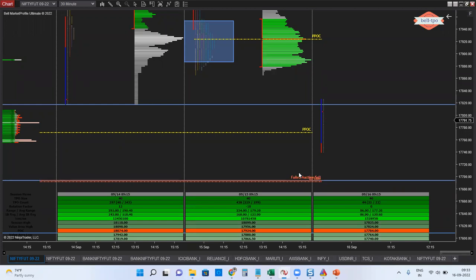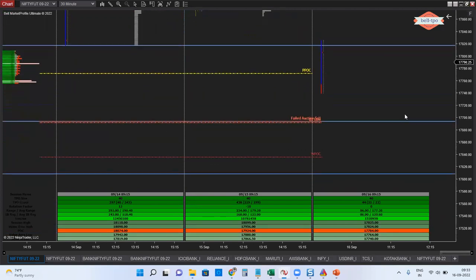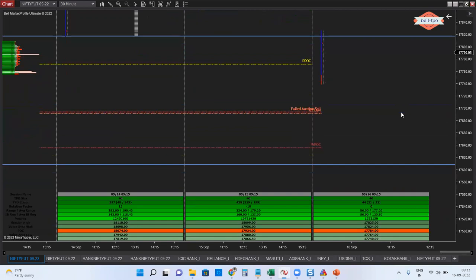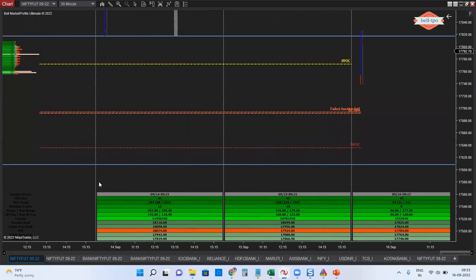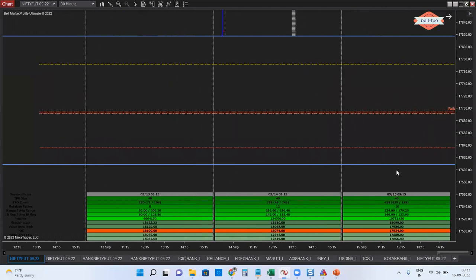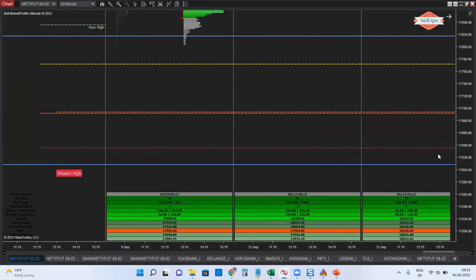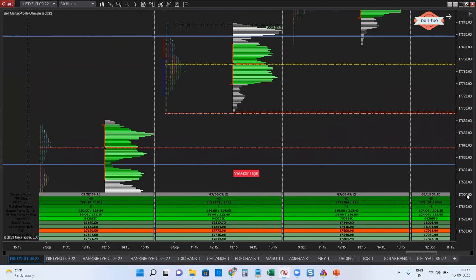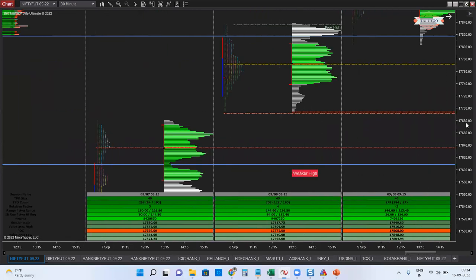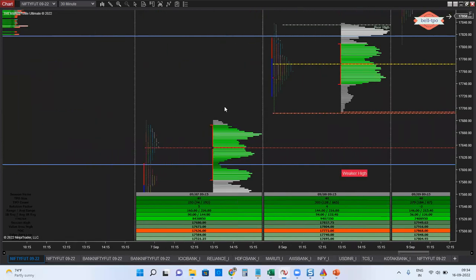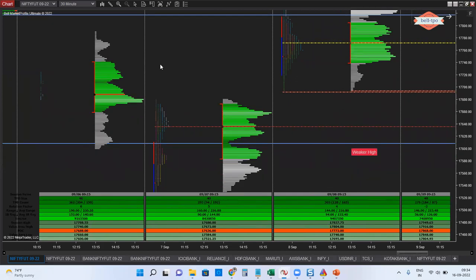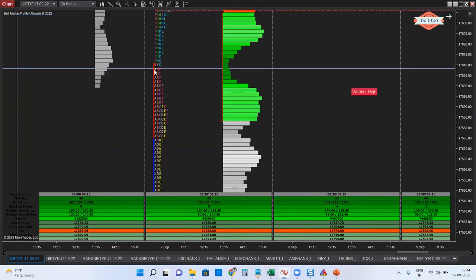So the question here is, the next important reference we have is the 17,600 level, which is a visual weaker reference that we've been carry forwarding. For a reason we are carry forwarding it here, because the K period exactly rests at the letter A period.